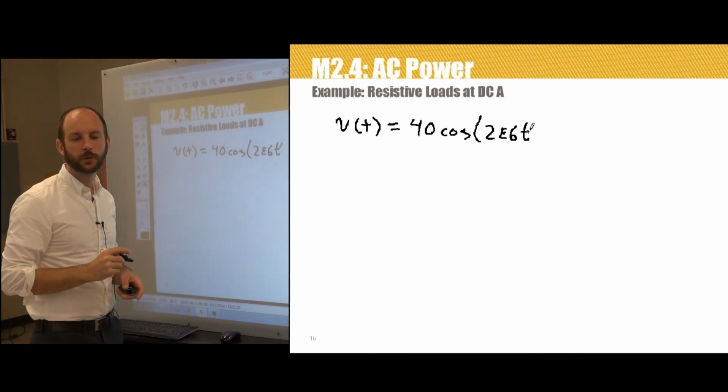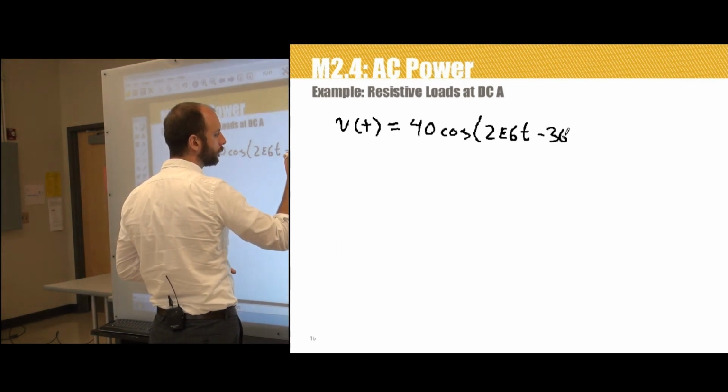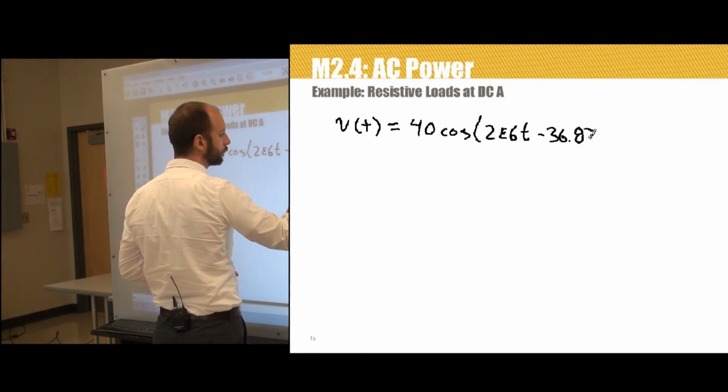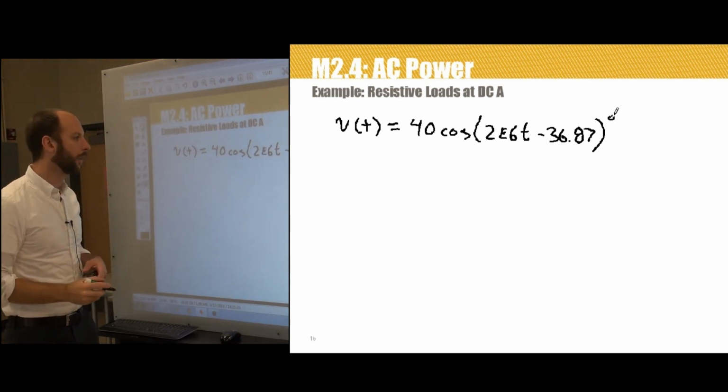Remember, there was a phase shift between the current source and the voltage of negative 36.87 degrees. That's in volts.